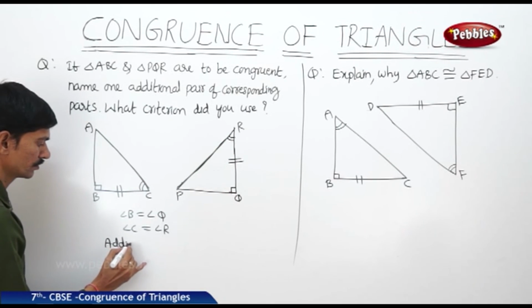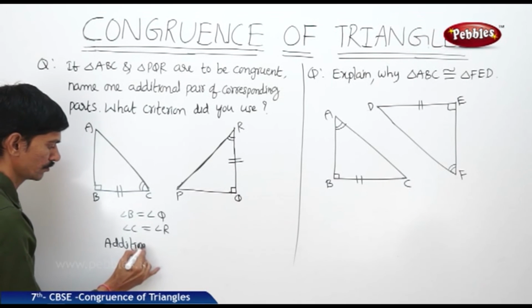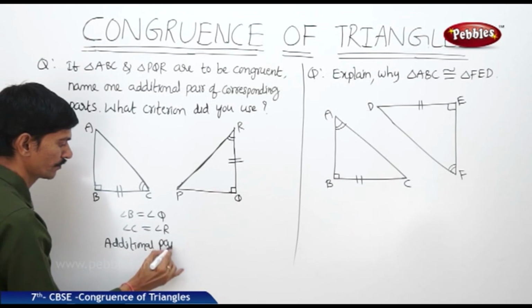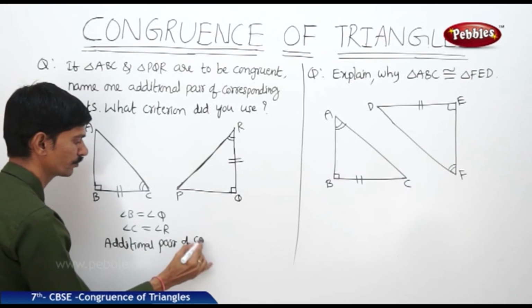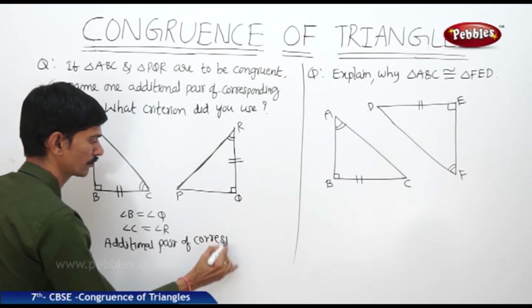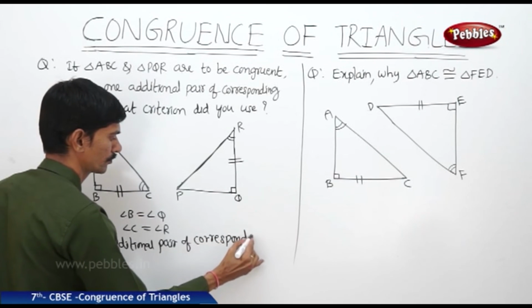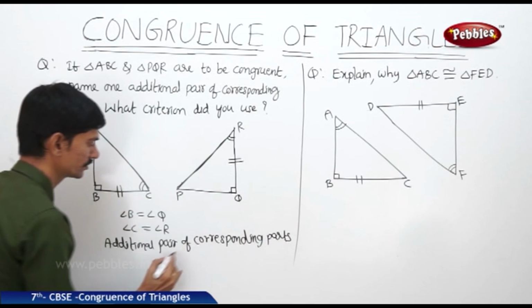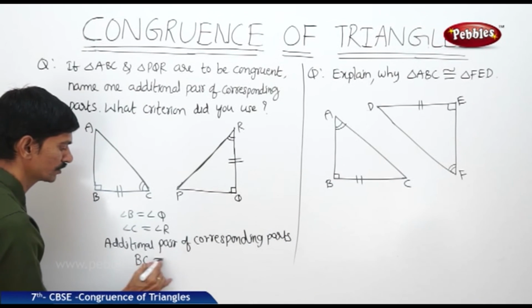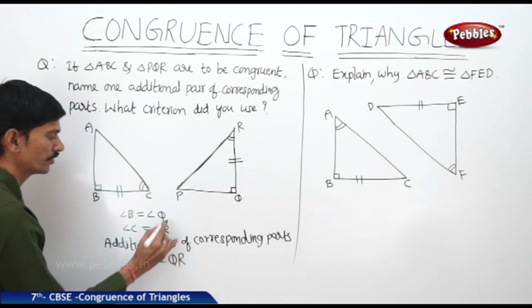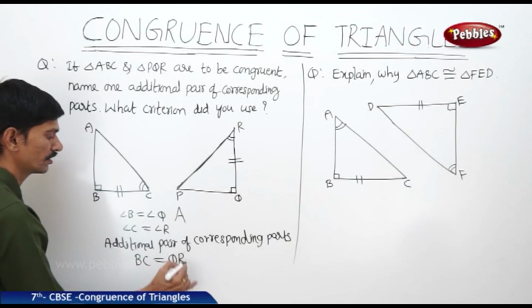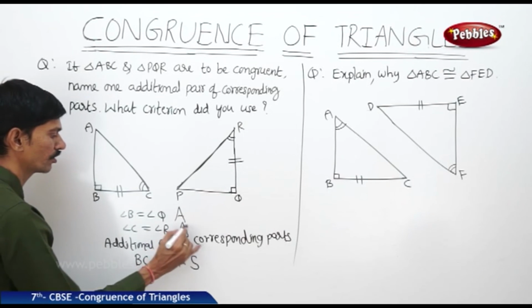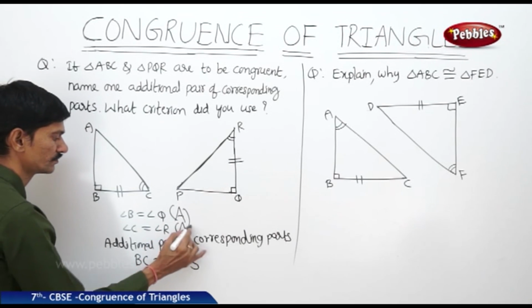Additional pair of corresponding parts, that is BC equals QR. Now we can use the ASA congruence criterion.